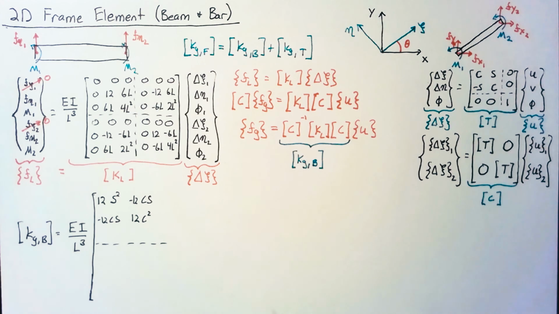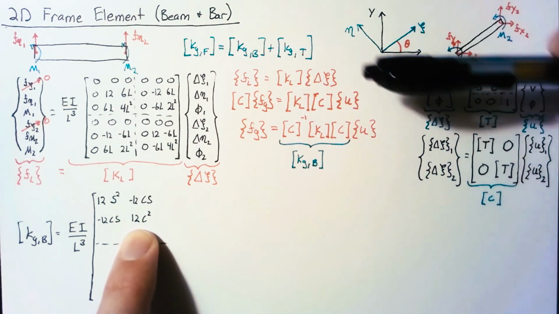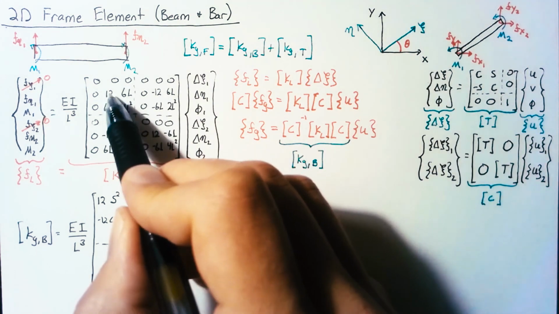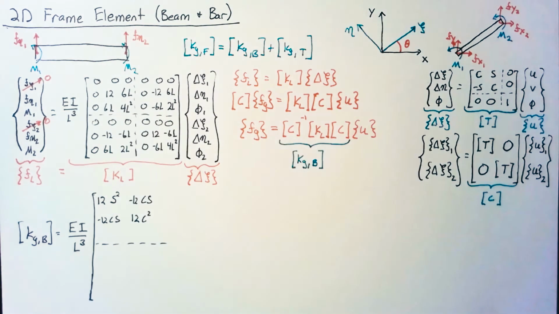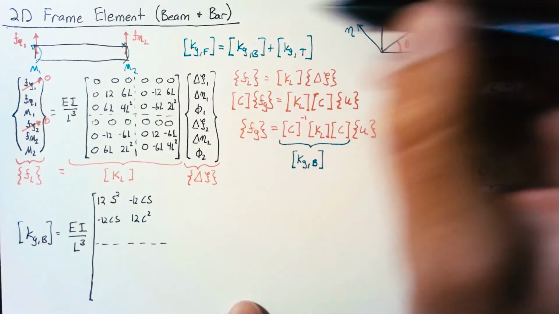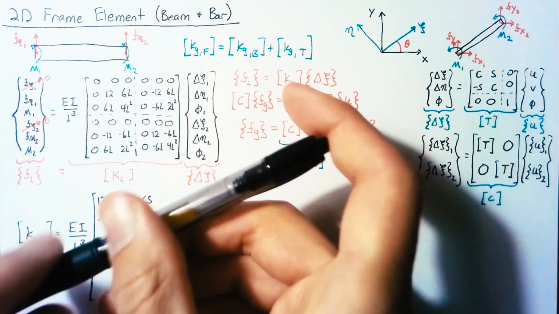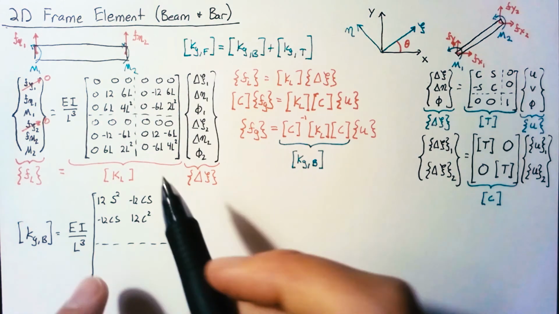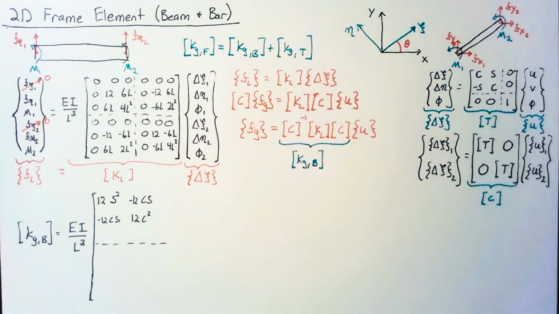So, for instance, if we have cosine of theta equal to 1, if things are perfectly aligned, right, theta is equal to 0, then the 12 is going to be only in this middle element of that upper left-hand quadrant. But if things are rotated, our beam is not going to be resisting movement in y anymore, but instead, as it flips, it's going to be resisting movement in x. So that's why the sine term comes up to the upper left-hand corner.